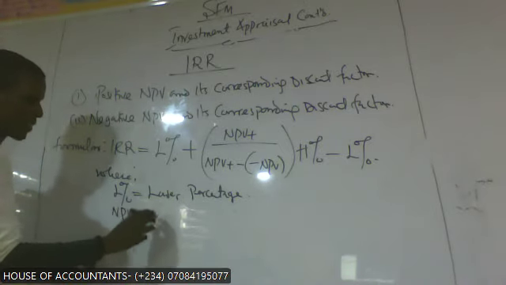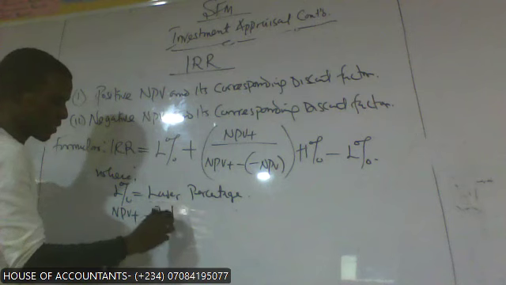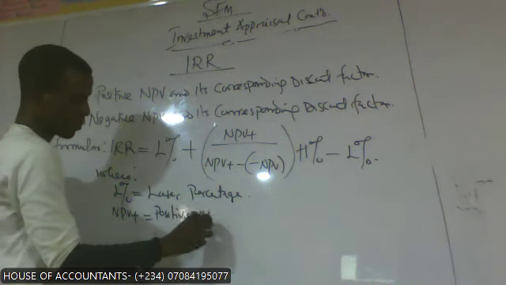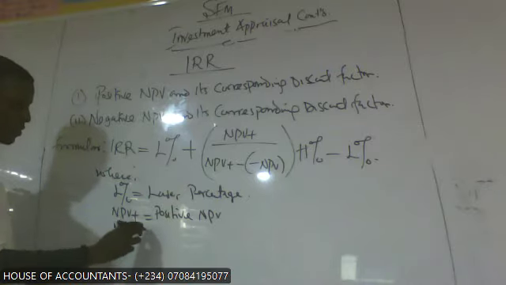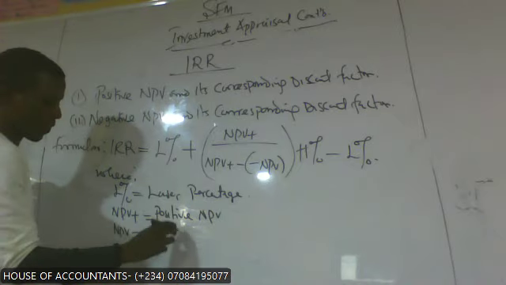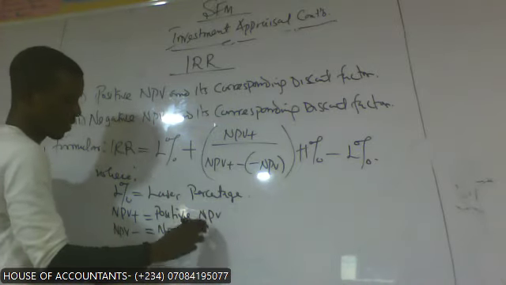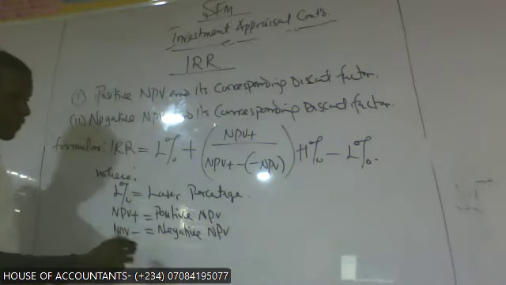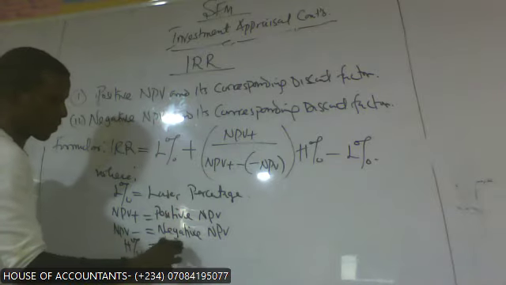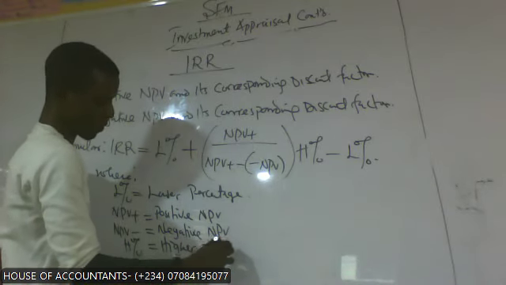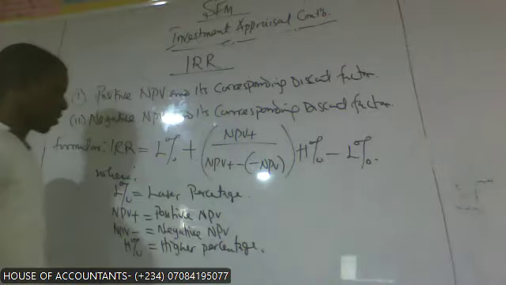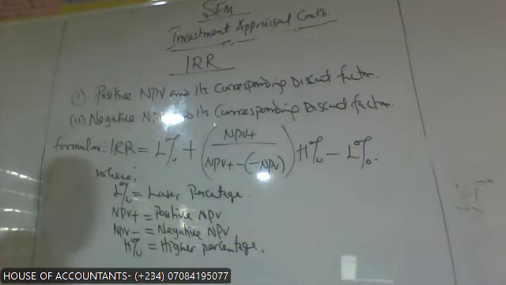The NPV positive is the positive NPV. The NPV negative is the negative NPV, and the other percentage there is the higher percentage. Okay, so that is the formula.